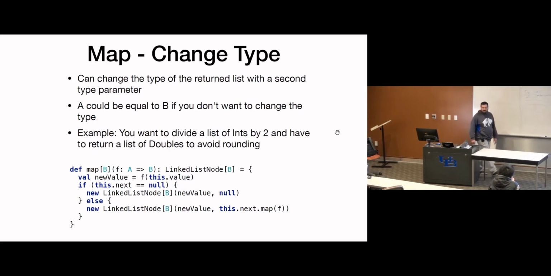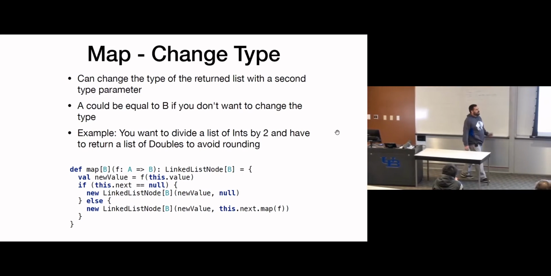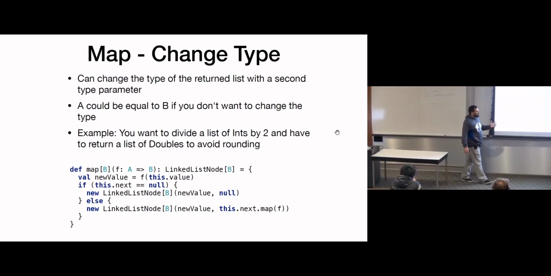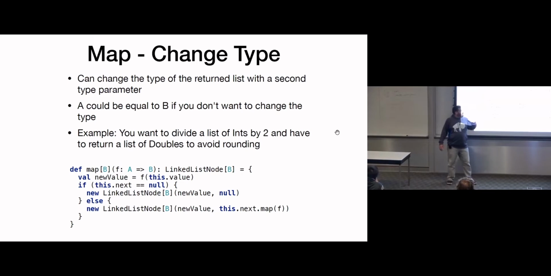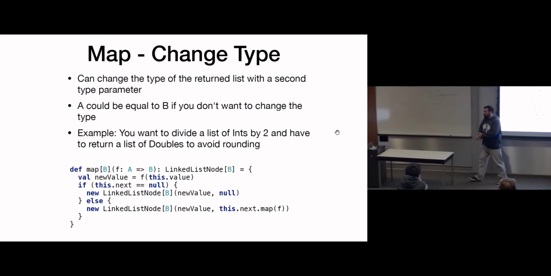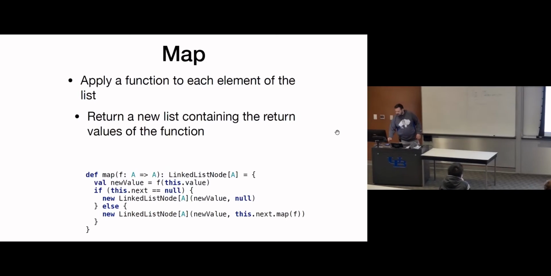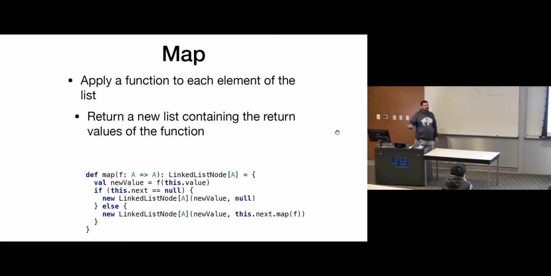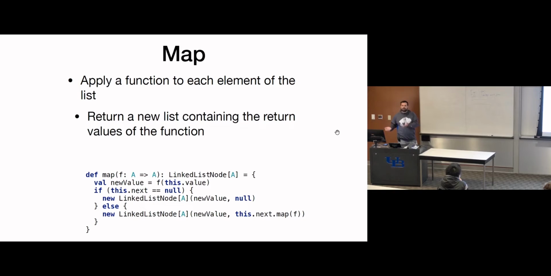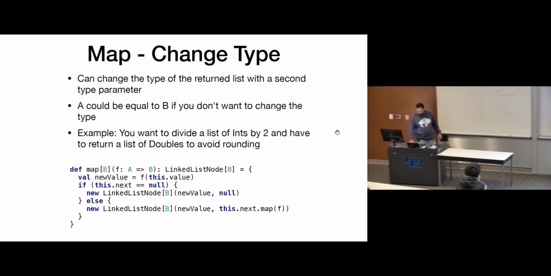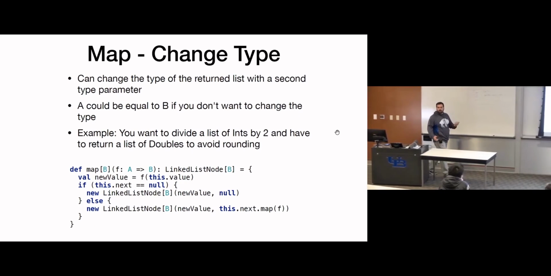This is a little beyond the scope of what we really need to know, but just for the curious, we can call map and change the data types. So like here, my function takes an A and returns an A. If I have a map of ints, I can return a map of ints. But we know that we can change values. We did this in homework 3 several times.